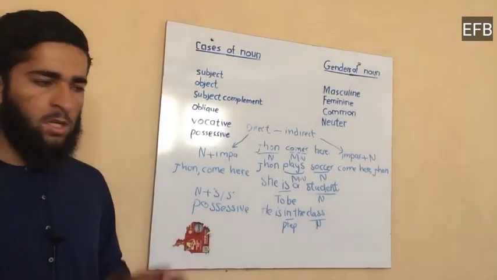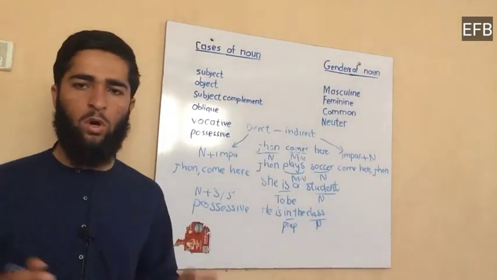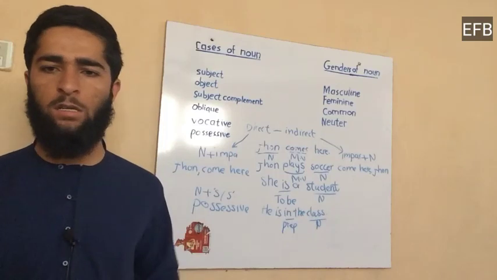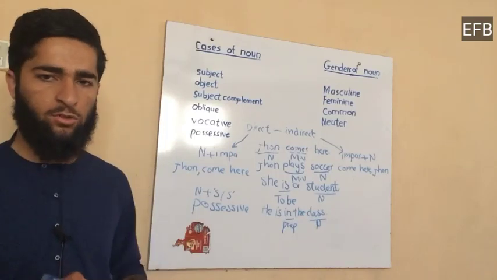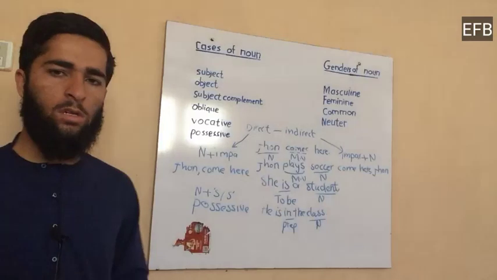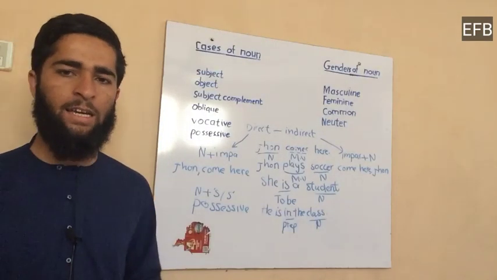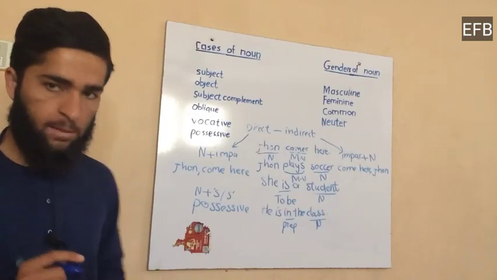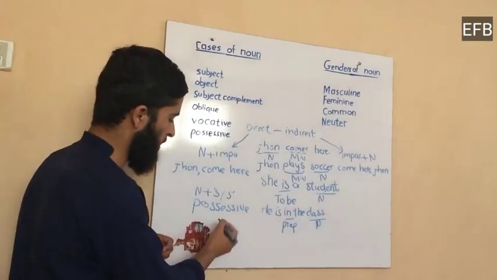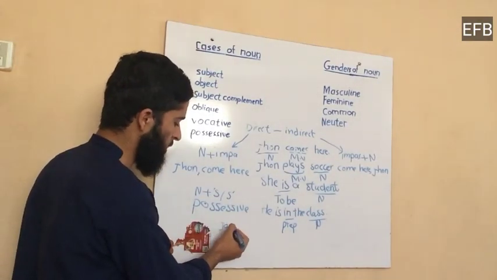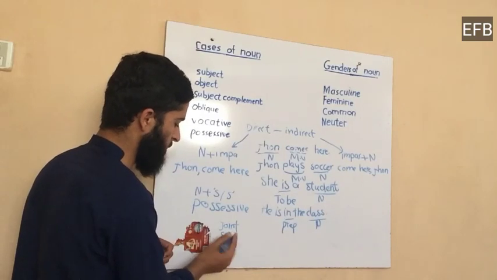Possessive adjectives are my, your, his, her, their, etc. And what about noun plus apostrophe s or s apostrophe? Again, it is divided into two types: joint possessive case and separate possessive case.